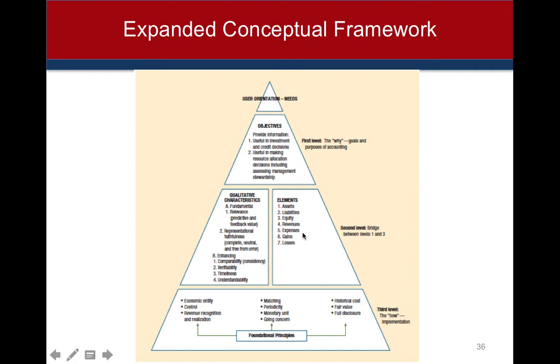And then as we go through the pyramid, this is all the how, and the why then is the goals and purposes. So it's useful in investment and credit decisions. We mentioned that in chapter 1, and useful in making resource allocation decisions, so even just decision making. So the middle section basically helps us make our decisions.